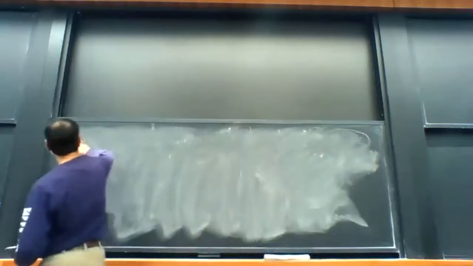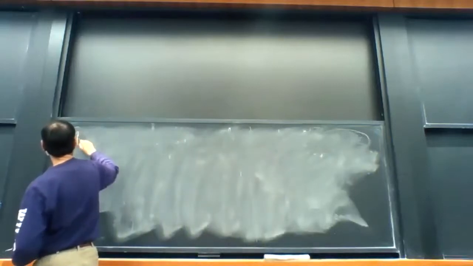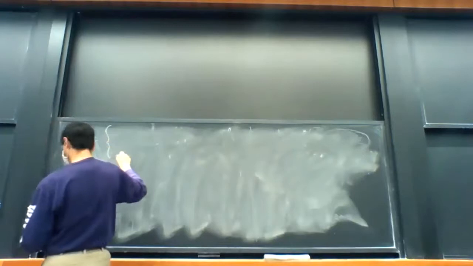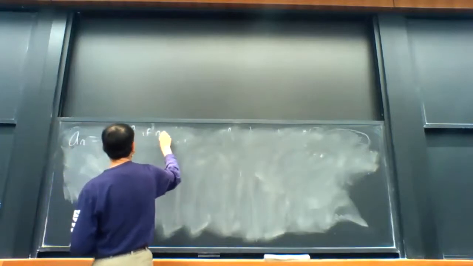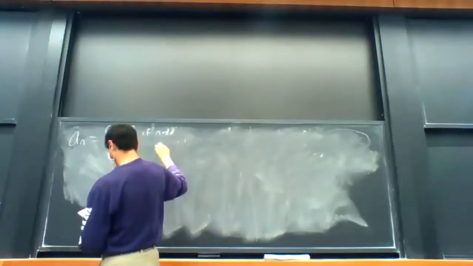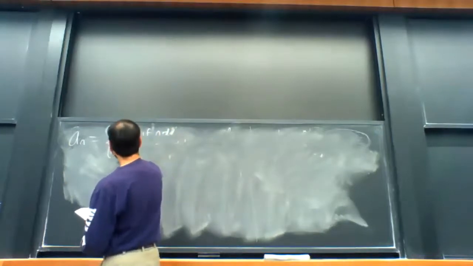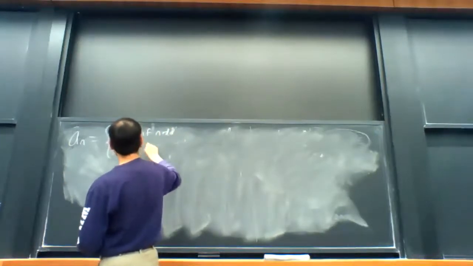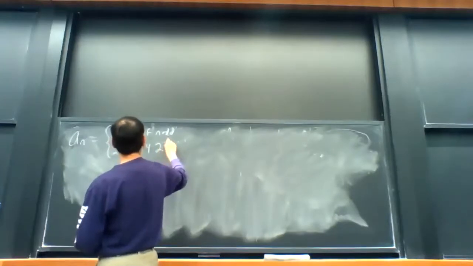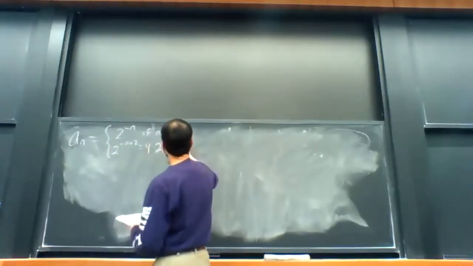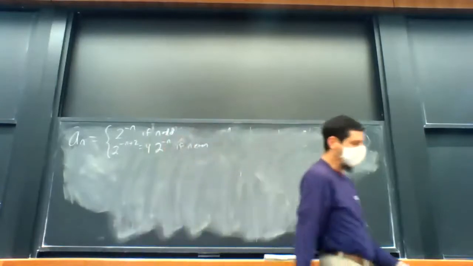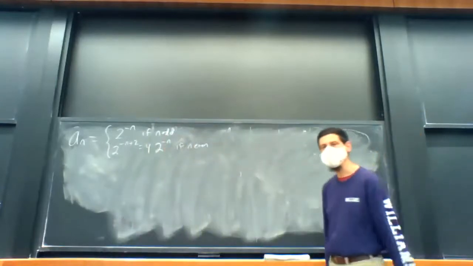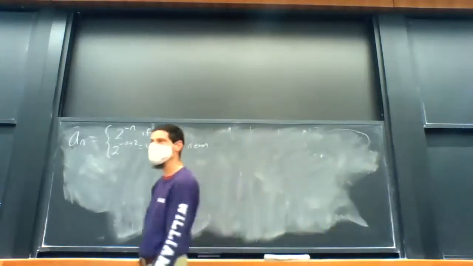So consider the following. Let a_n be 2 to the negative n if n is odd, and 2 to the negative n plus 2, which is 4 times 2 to the negative n, if n is even. So what quantity do we have to compute if we want to use the ratio test?